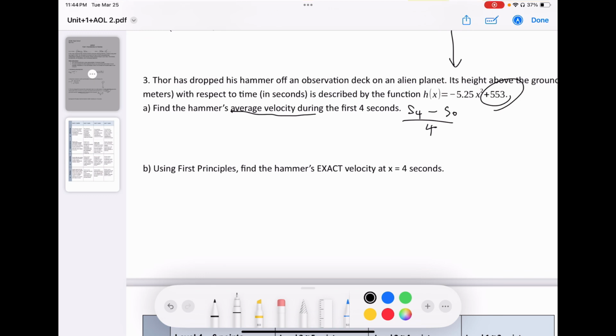We just plug it into this equation on the h of x: -5.25 times 4 squared plus 553.